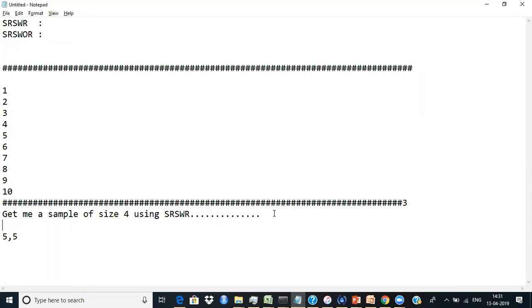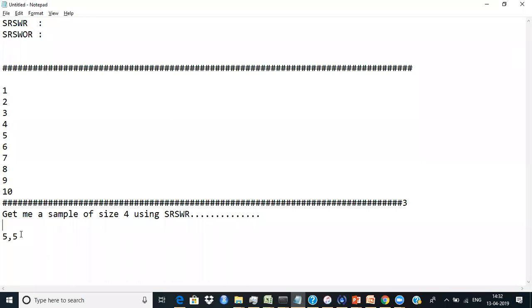The advantage is I can generate an infinite size of sample from a very small population. I have 10 balls here, but I can keep on repeating this process an infinite number of times. So this is an advantage. Disadvantage is duplicates. Advantage is you can generate samples of any size.